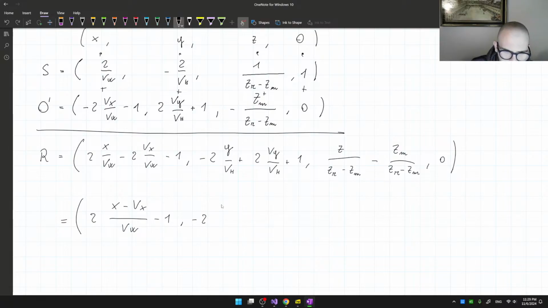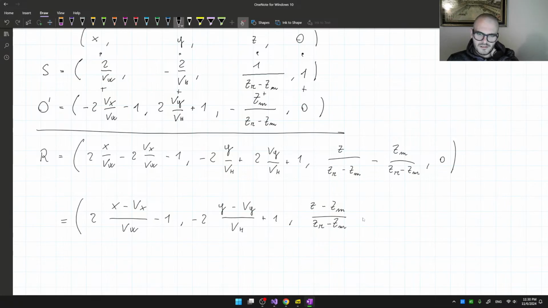Minus 2 y minus view y divided by view height plus 1, and this is z minus z min divided by z max minus z min, 0.